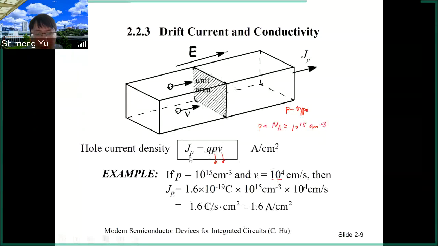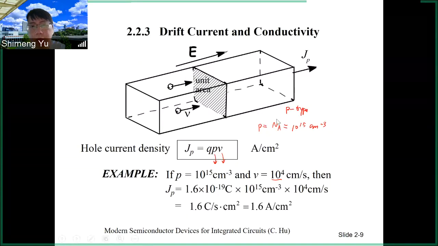So here the current density, as we discussed at the very beginning of today's lecture, depends on two factors, right? One is the hole density, p. One is the velocity of the hole. Why is that? Because current, you know, is how many holes are there and how fast they move. So basically those two factors here. This is in the p-type.